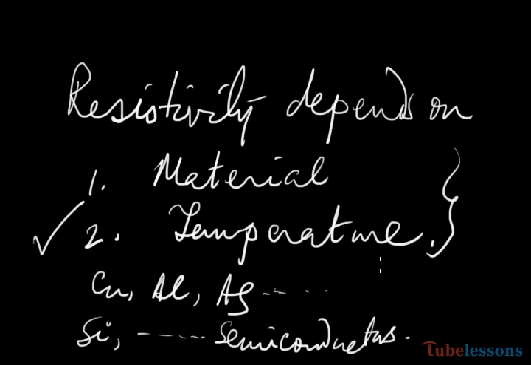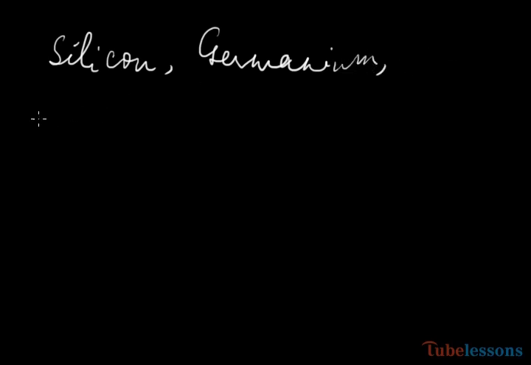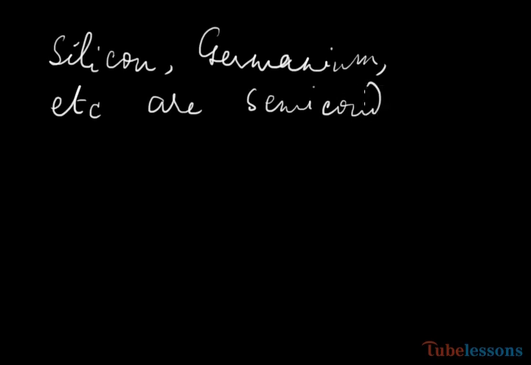The examples: silicon, germanium, etc. are semiconductors. In the context, it may be stated that this silicon is used in the solar cells.